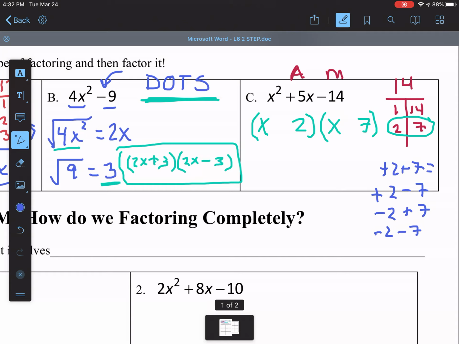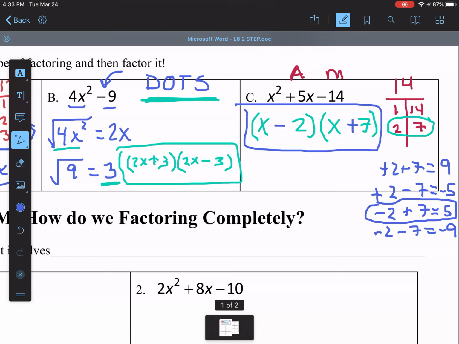Plus 2 and plus 7 gives us positive 9. Plus 2 minus 7 gives us negative 5. Minus 2 plus 7 gives us positive 5. And negative 2 minus 7 gives us negative 9. We were trying to get positive 5, which is this one right here. So you're going to have a minus with the 2 and a plus with the 7. This is our final answer.